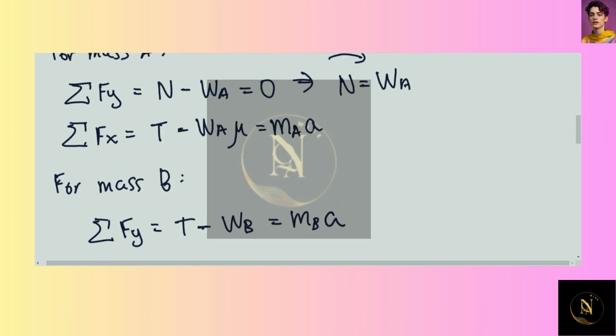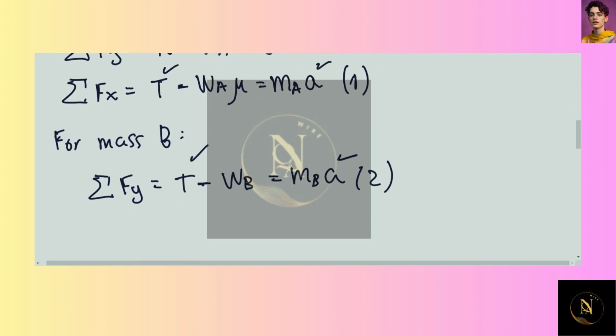Now, we have these two equations. We have two variables that we don't know, T and a, and we have two equations. So this is just a problem of finding the value of T or the value of a, just by rearranging one of them and substituting it in the second one.